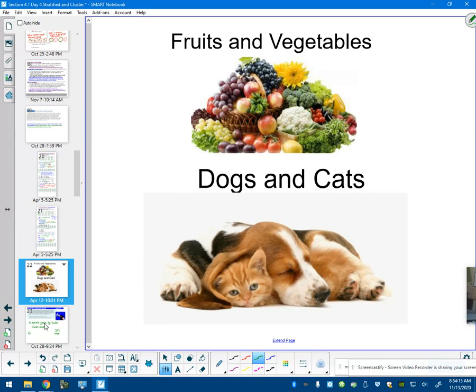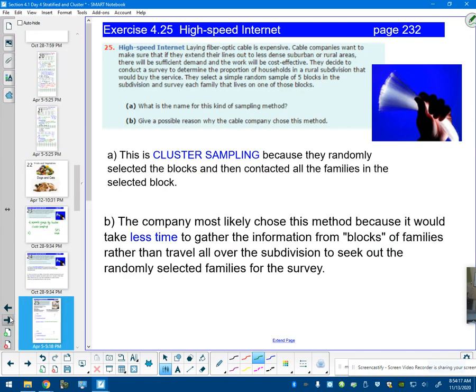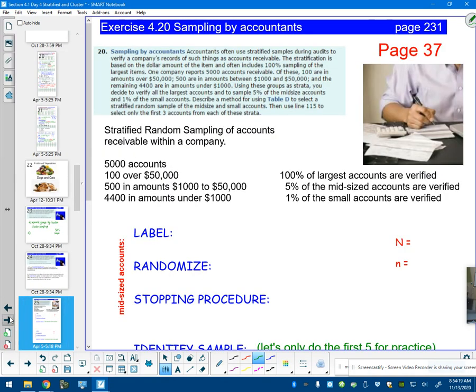All right. So we've already done that. Let's take a look at number 20, because we're going to practice our calculator now. Sampling by accountants. Accountants often use stratified samples during audits. We're on page 37. The stratification is based on the dollar amount of the item and often includes 100% of the big guys.